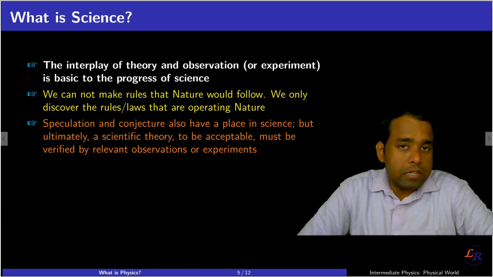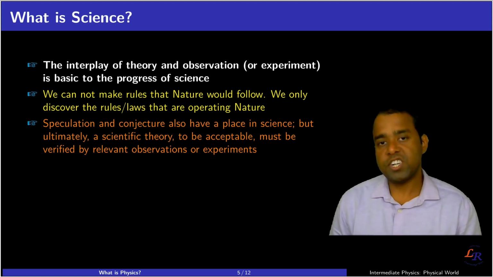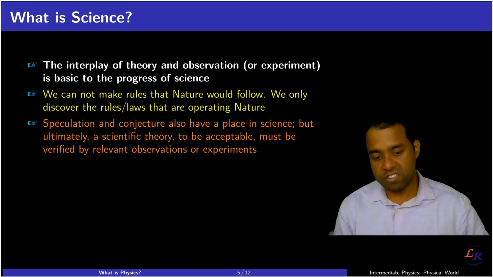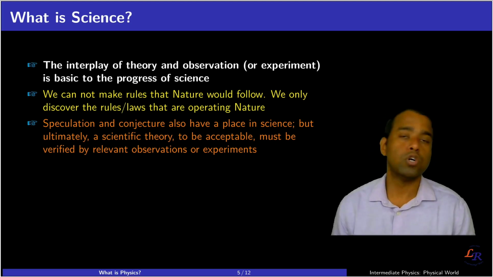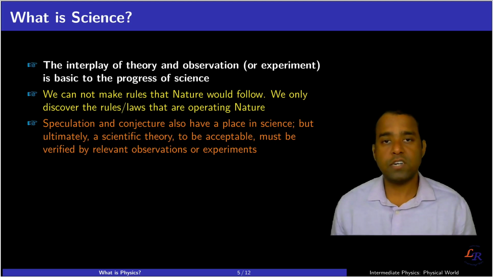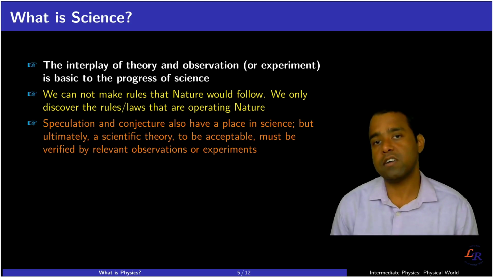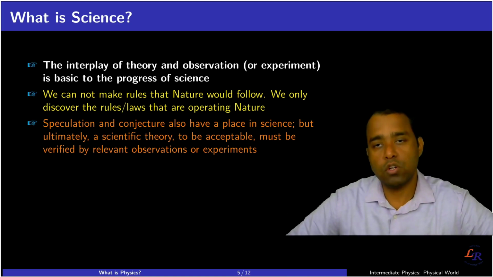And also there is always scope for speculation and conjecture in science, because you can always make some predictions, some guesses. It may sometimes be wrong, sometimes it can be very true, and that may be needed to explain certain behaviors in physics, in science, and without that you may not come up with new approaches, new concepts.